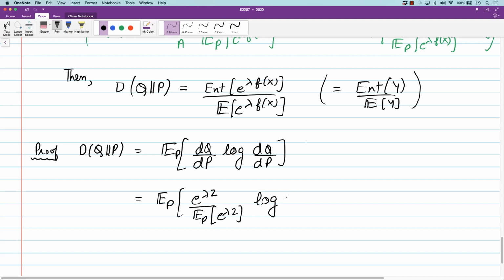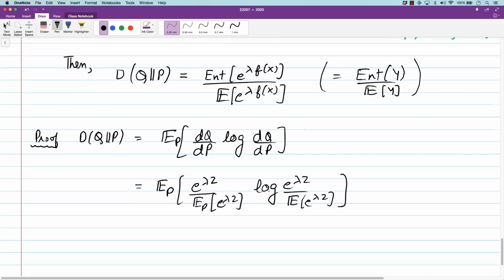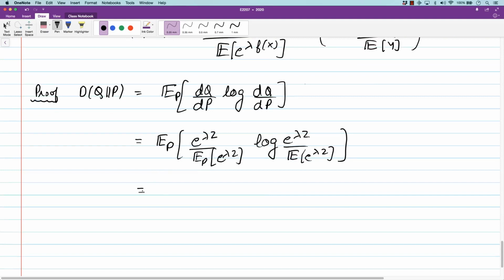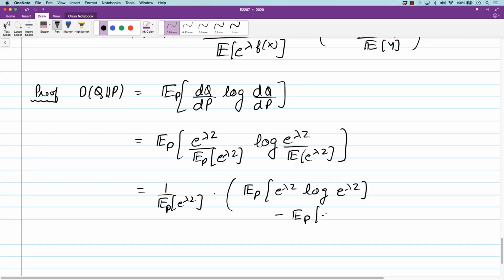times log of e to the power lambda z divided by the expected value of e to the power lambda z, and this is equal to, you can take this expected value outside, the first term is this, and then since log a by b is log a minus log b, the second term here is this part, log of the expected value.